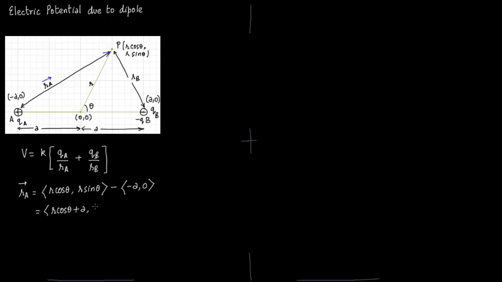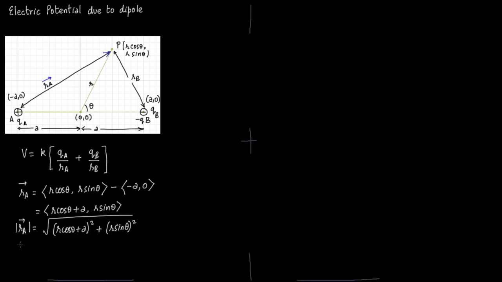So the RA vector becomes r cos theta plus A, r sin theta. The length of the RA vector is the square root of (r cos theta plus A) squared plus (r sin theta) squared.